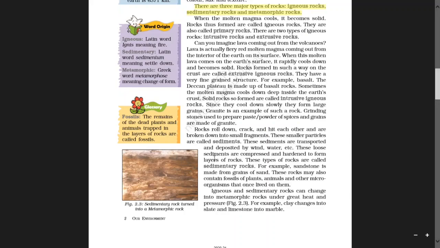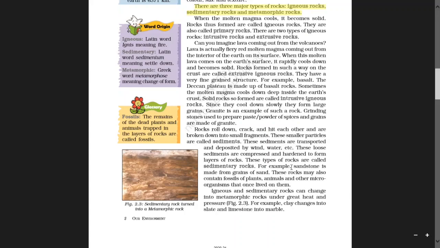These loose sediments are compressed and hardened to form layers of rocks. These types of rocks are called sedimentary rocks.